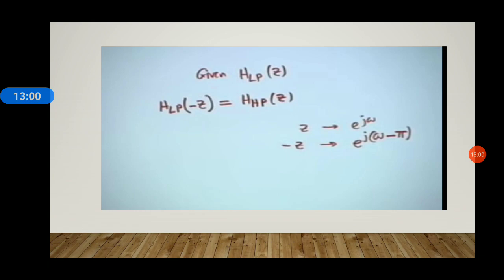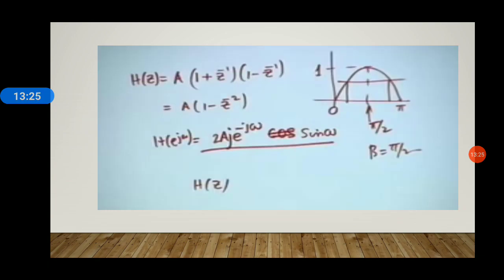The logic is again very simple. z we know is e to the power j omega. So minus z would be e to the power j omega plus or minus pi, let us say minus pi. So what was happening at omega equal to 0 will now happen at omega equal to pi. This is the difference between a low pass and a high pass filter.